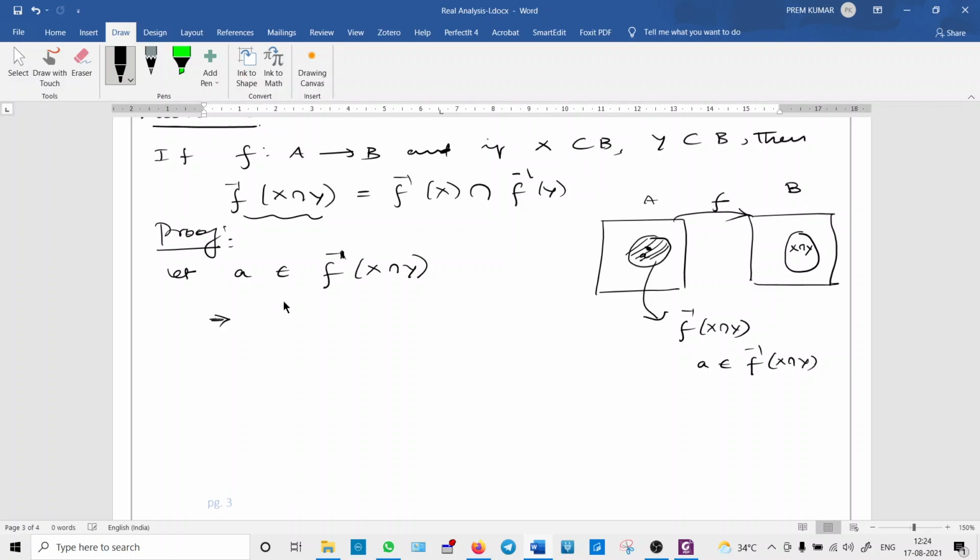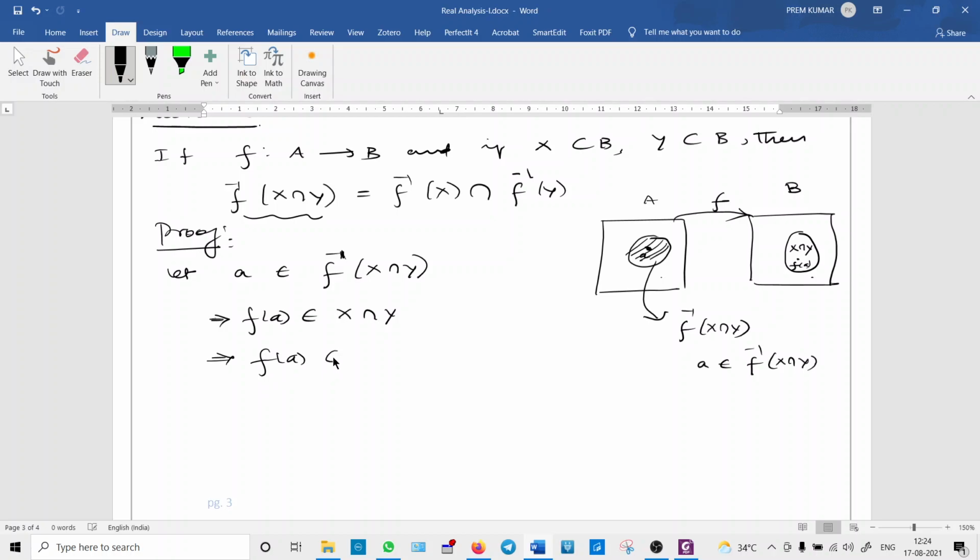So what happens is, definitely the image of this a will fall here only. This is f of a. F of a will be inside this. It won't fall outside. If it is falling outside, this a won't be inside the inverse image of X intersection Y. So that's why if a belongs to f inverse of X intersection Y, then my f of a must belong to X intersection Y. So if f of a belongs to the intersection of two sets, what's the meaning?